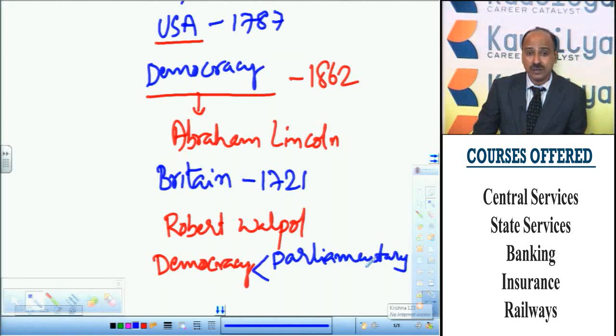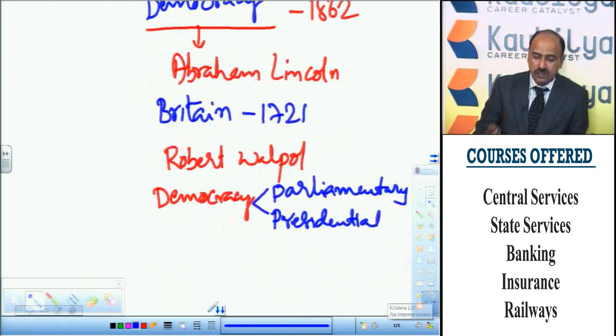These are parliamentary democratic countries. Second is presidential democracy. If any country is following presidential democracy, that country is ruled by the president. The best examples are America, France, Russia. That's why there are two types of democracy in the world: parliamentary democracy and presidential democracy.